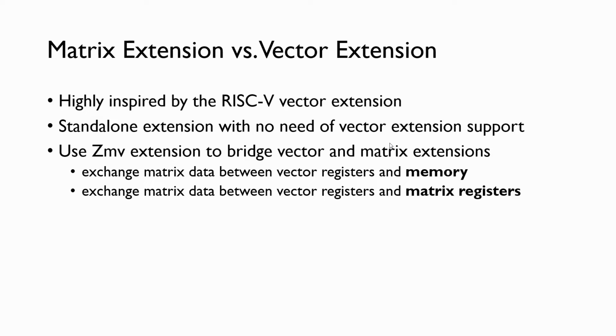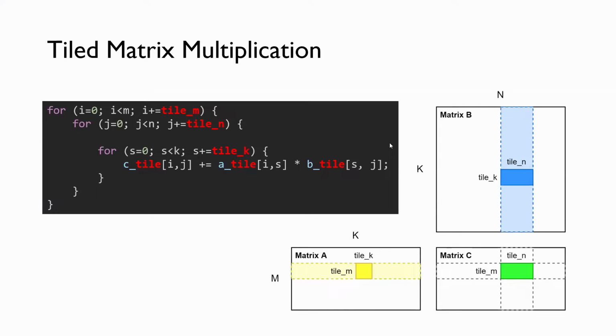For implementations with both vector extension and matrix extension, we do provide another extension named ZMV to bridge the vector extension and the matrix extension. With ZMV extensions, vector registers can exchange matrix data with memory as well as matrix registers. So the vector extension and the matrix extension can work together smoothly. We will show the details later.